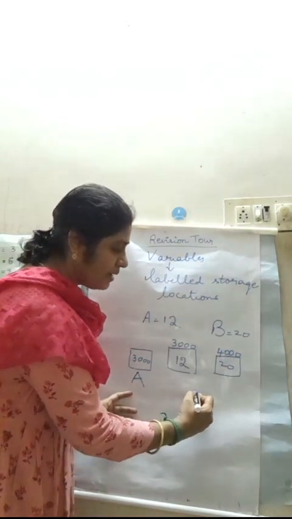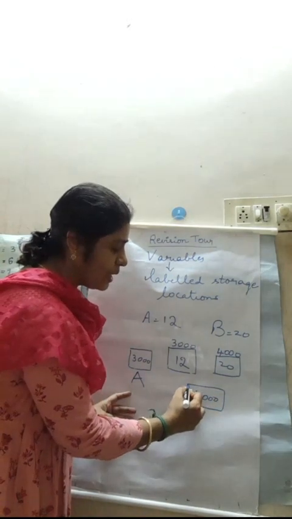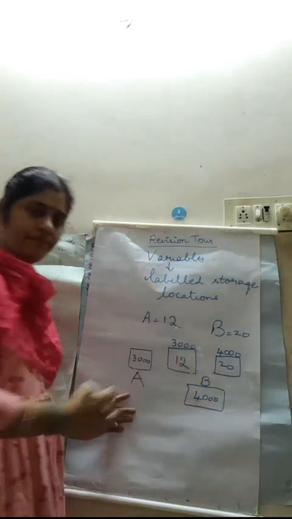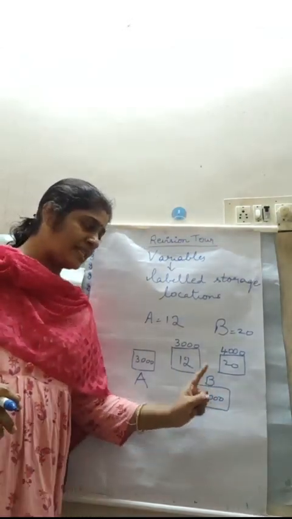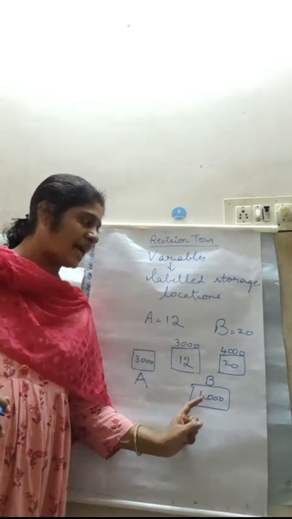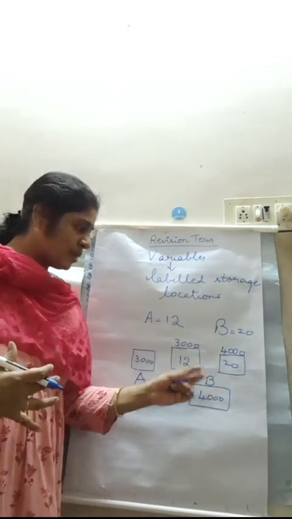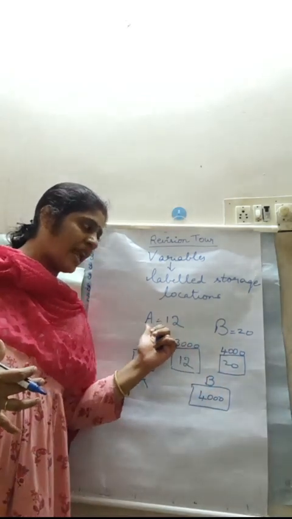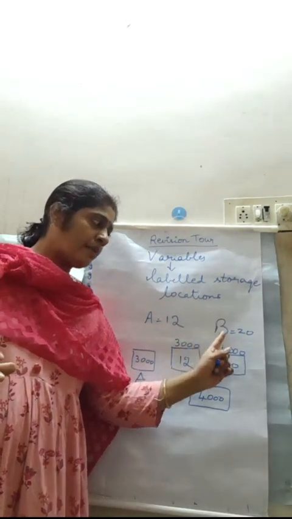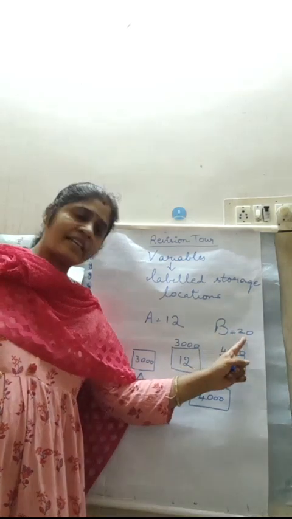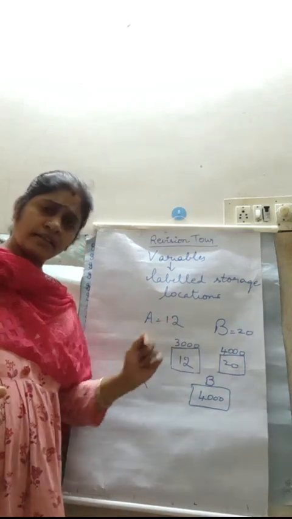Then 4000 will be stored in a memory location and this location will be labeled as B. So in location B we are storing the address of the value 20. For us we see it as 12 stored in A and 20 stored in B. But exactly what is happening is that in B the memory address of 20 is stored and in A the memory address of 12 is stored.